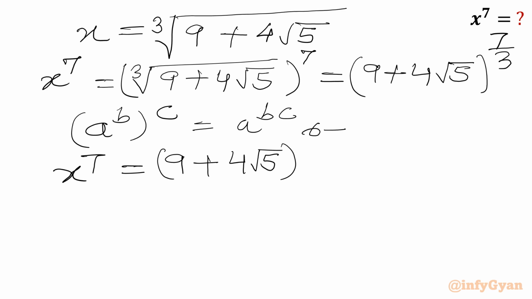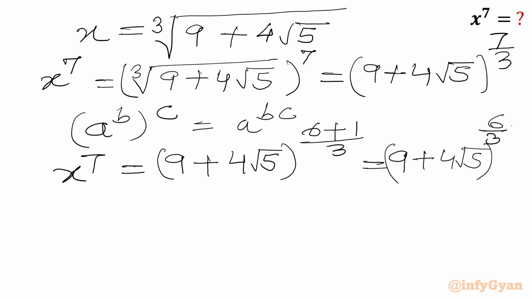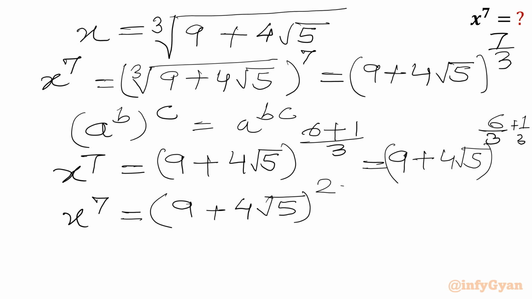We can split 7 over 3 as 6 over 3 plus 1 over 3. So 6 over 3 is 2, and the power will be 2 plus 1 over 3.